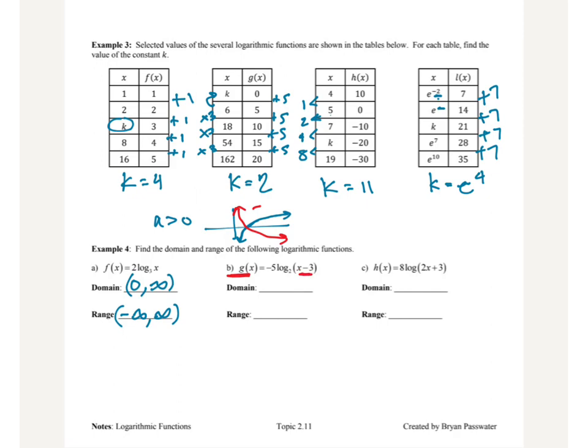Look at that, x minus 3 business. Which way did they translate it? So that thing went right 3. Good. So now instead of going 0 to infinity, it's going to go 3 to infinity. Very good. We know that that went right 3.